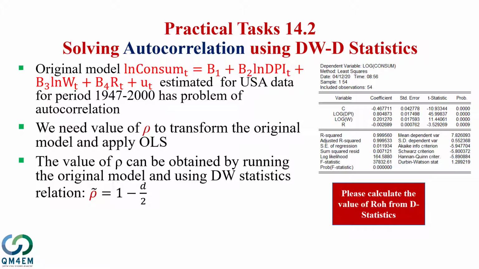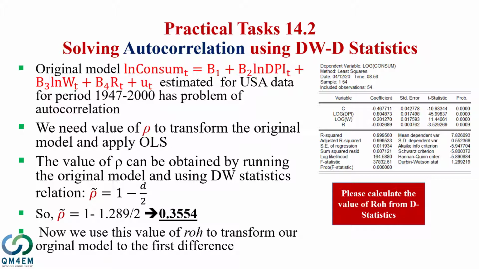So we can just plug in: 1 minus, replacing d with 1.289219, divided by 2, and when we solve it, we get that the rho value is equal to 0.3554. So this is the value of rho. Now this rho value can be used to transform the original model into the transformed model, and then apply OLS to that transformed model, and that will solve the problem of autocorrelation.